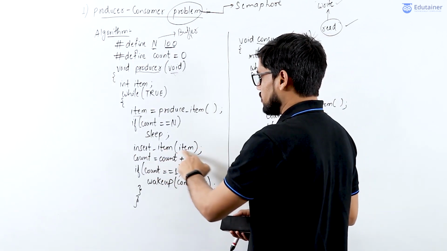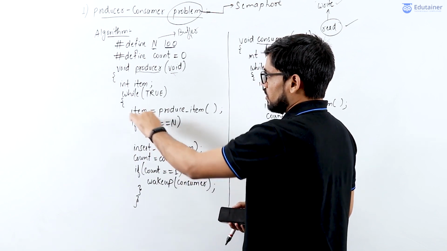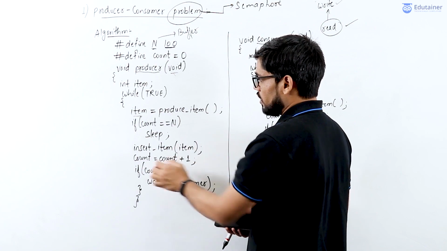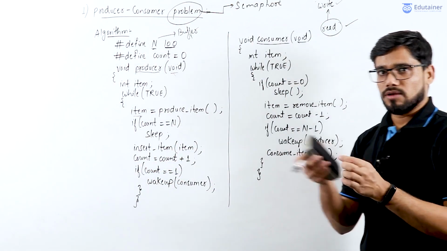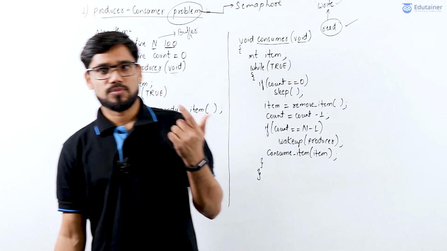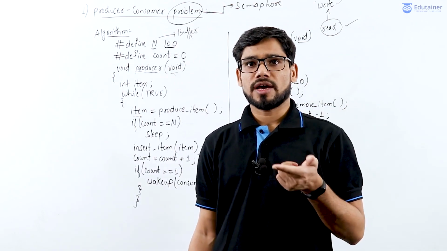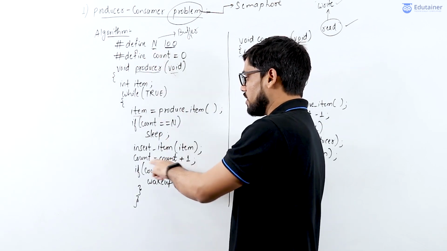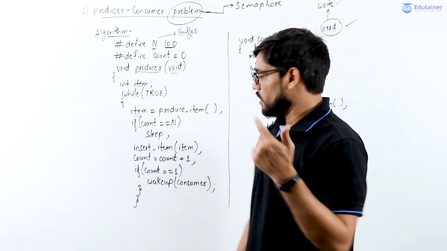Then insert item, and the value of the item will be inserted, and then count is equal to count plus 1. Let's say we have a buffer of capacity 100 at the initial phase. Whenever the process produces one item, it inserts the item in the buffer and then increments the count variable, and it continues like that.